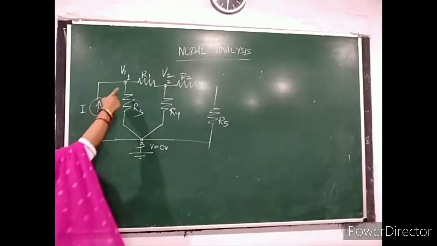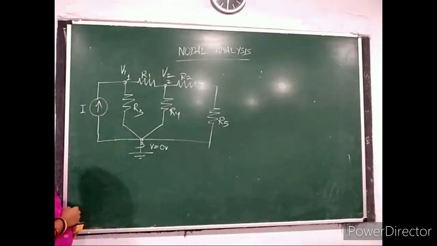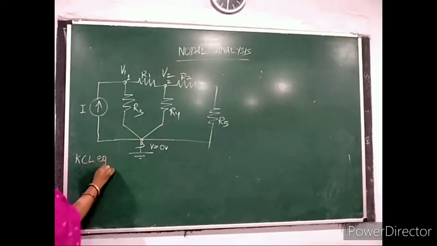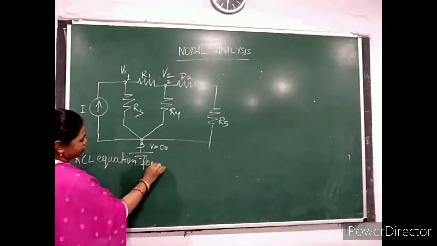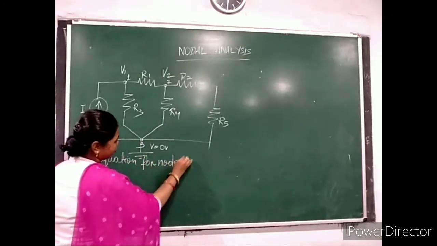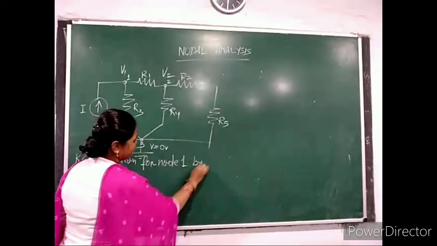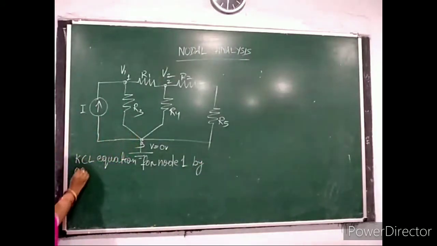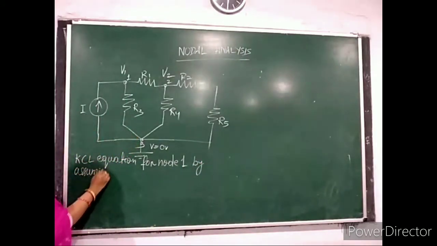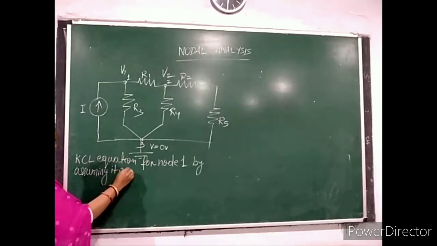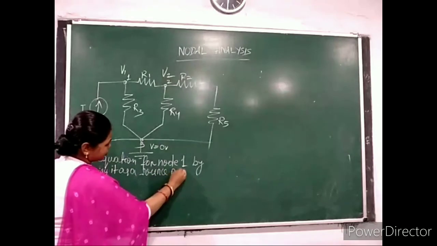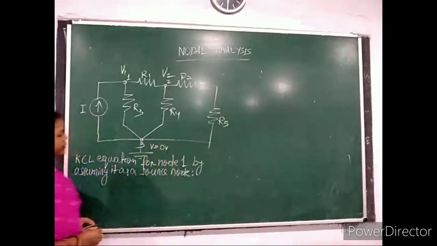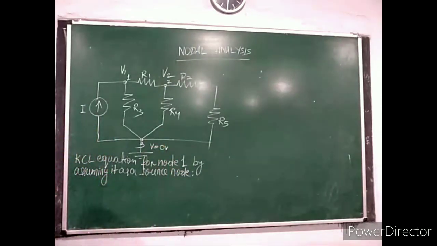So first I write the KCL equation for node 1, by assuming it as a source node. Okay. So what is the simplified circuit?